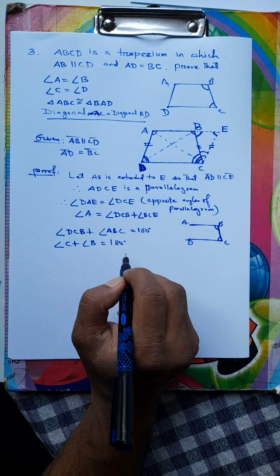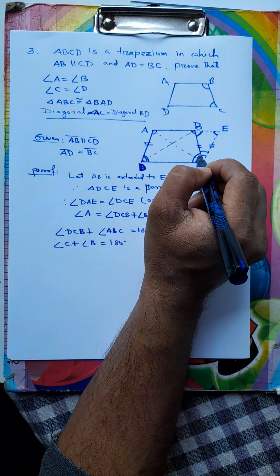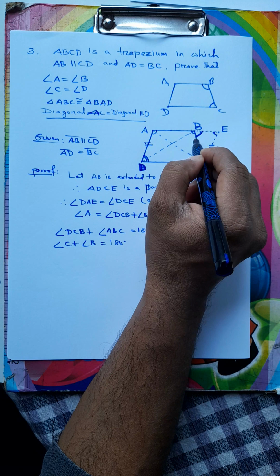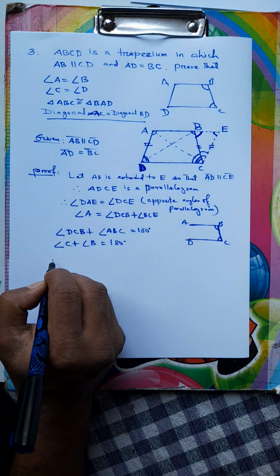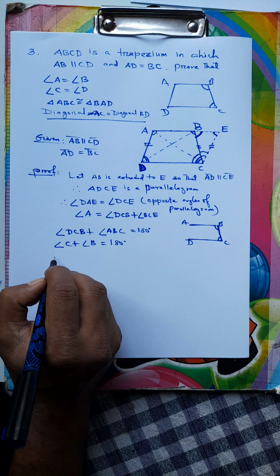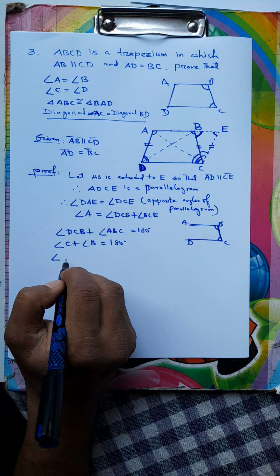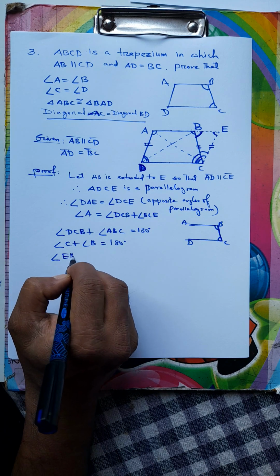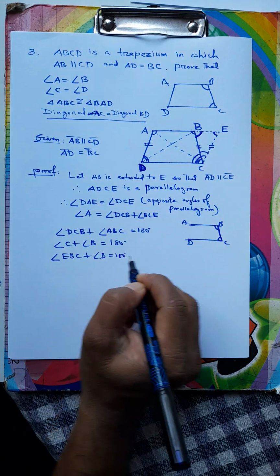Now you see angle C, that means DCB equal to this angle. Angle C means angle EBC. EBC plus angle B equal to 180 degree.